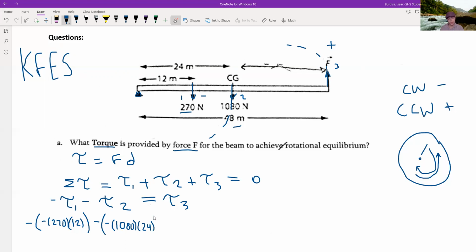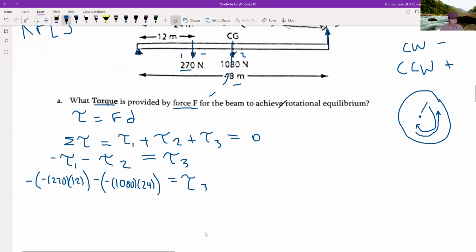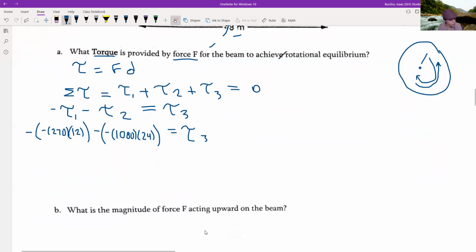So that will give us our torque 3. And it should be positive. And if you type that in the calculator, it is positive, and it is 29,160 Newton meters. Make sure you know your units.